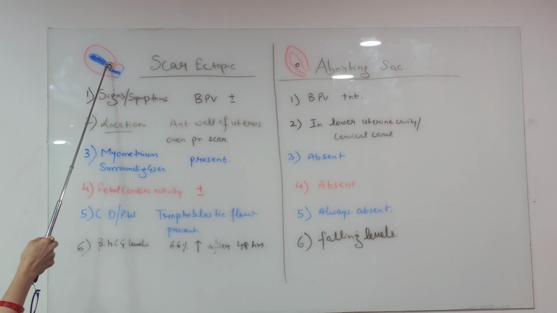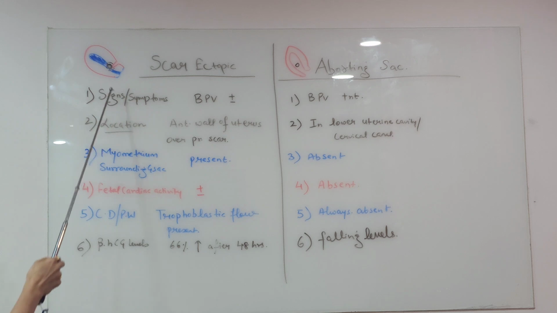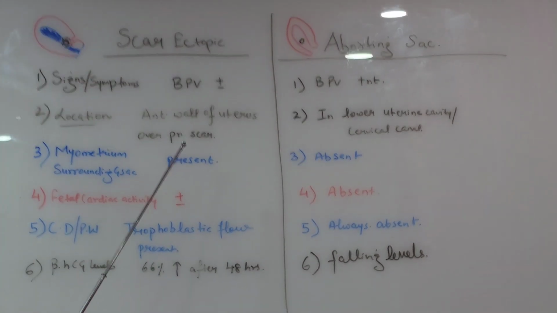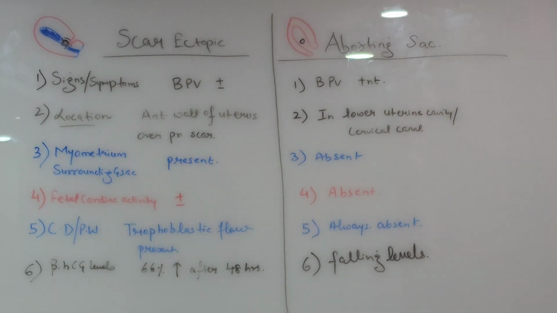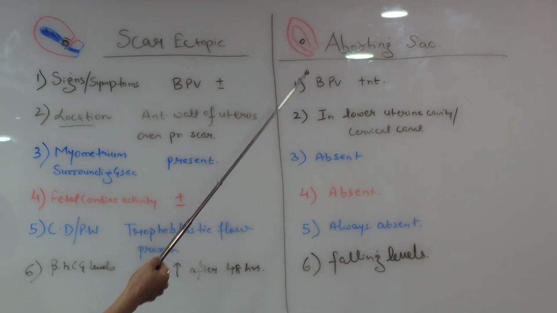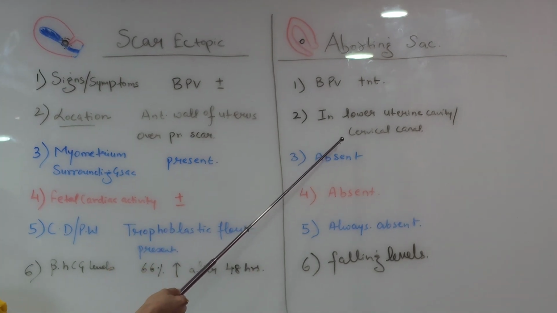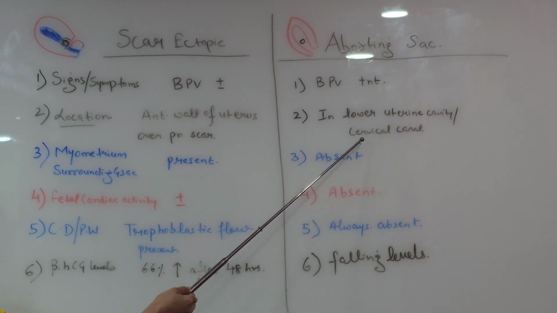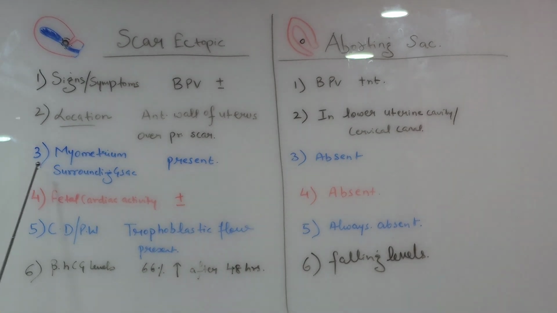Trophoblastic tissue is invading here, and you are going to localize this pregnancy in the anterior uterine wall. So point number two is the location: in scar ectopic we will have it more anterior, whereas in aborting sac it will be somewhere in the middle, in the lower uterine cavity or in the cervical canal.